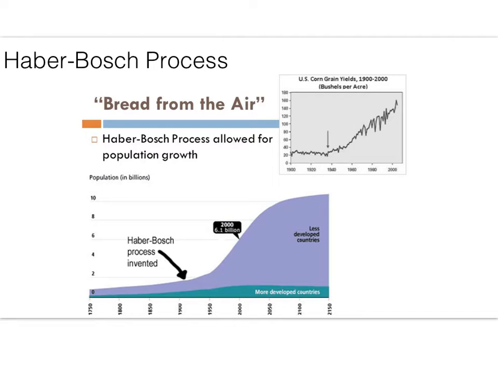And in fact, many historians now think that the Haber-Bosch process probably was one of the reasons why we have been able to expand our population so greatly and so quickly, because we've been able to effectively feed people who would never have been able to be fed before from this chemical process.